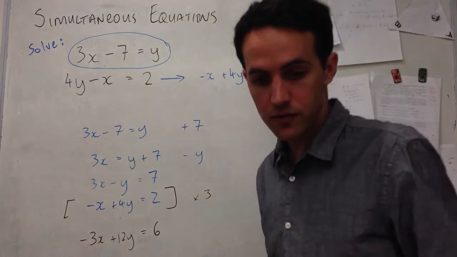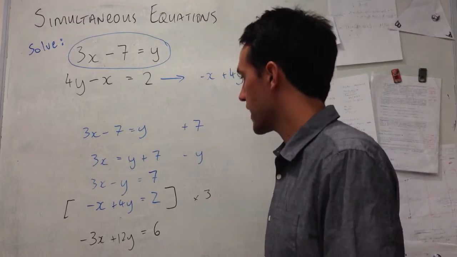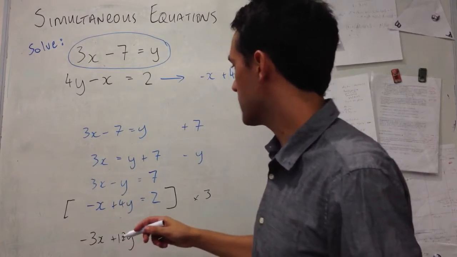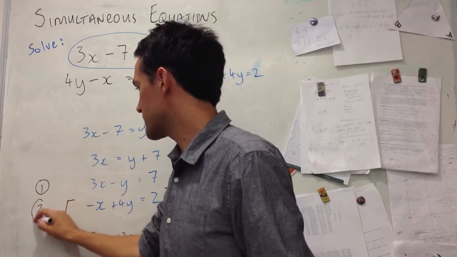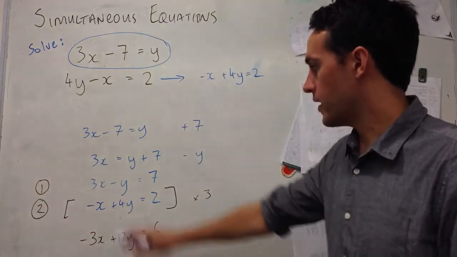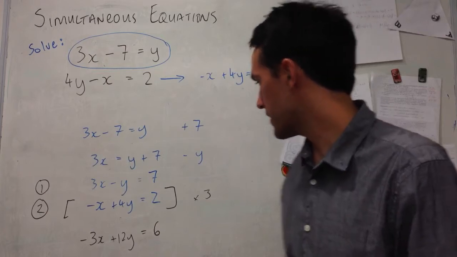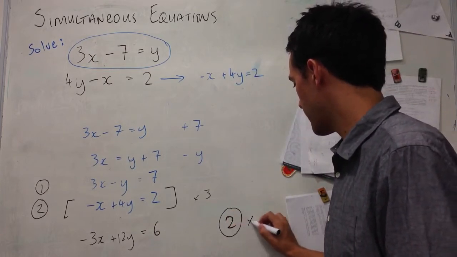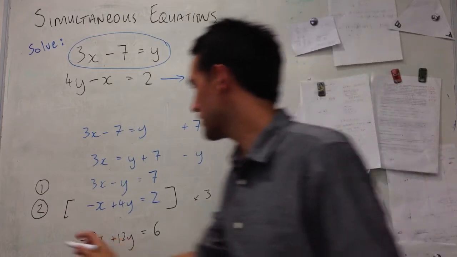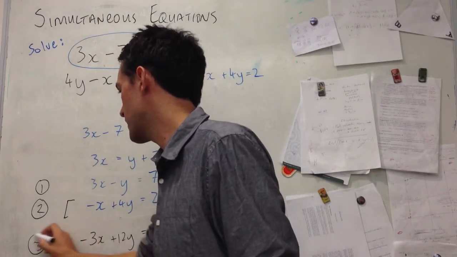I might label my equations so that I can keep track of them. So I'm going to call this my equation 1 and this my equation 2. And now I've multiplied 2 by 3, so I'll call this equation 3.